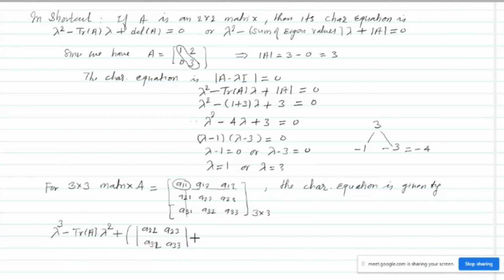And plus this. Now come to A22. We ignore this column and this row, so what remains is A11, A13, A31, A33.